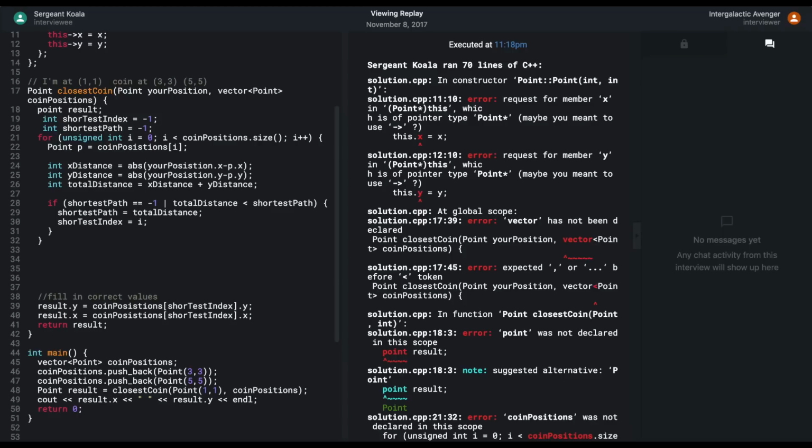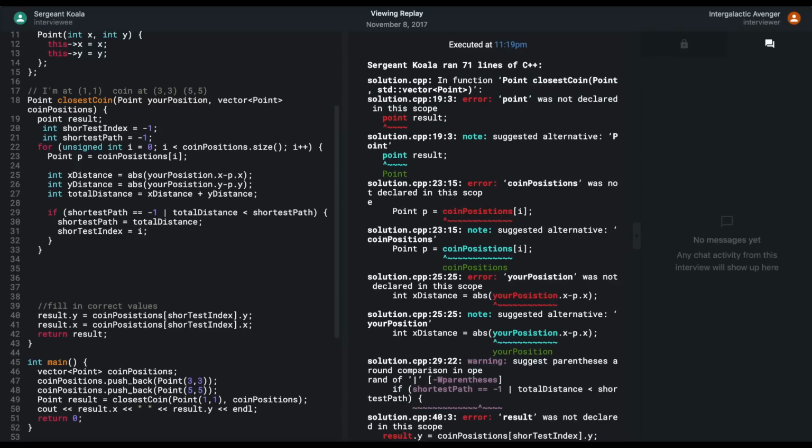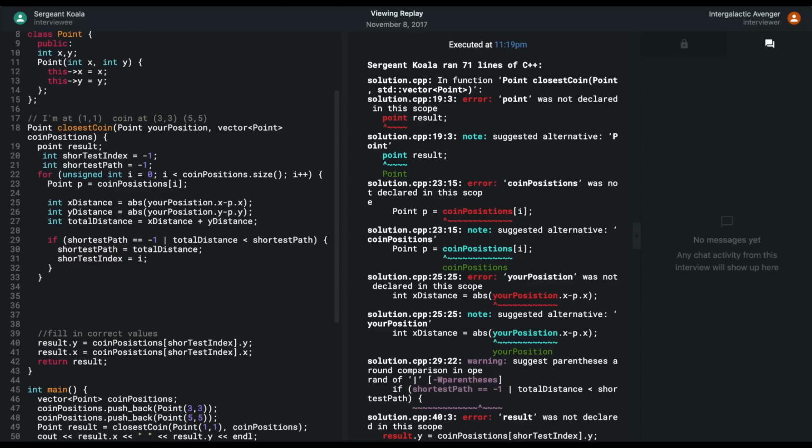Global scope, vector is not declared, so we need to add a vector. All right. There's probably some, I think it does not name something. Yeah, okay, let's see. Whoa, what just happened? Suggested alternatives. Vector was not declared. It totally was declared. I just declared it.